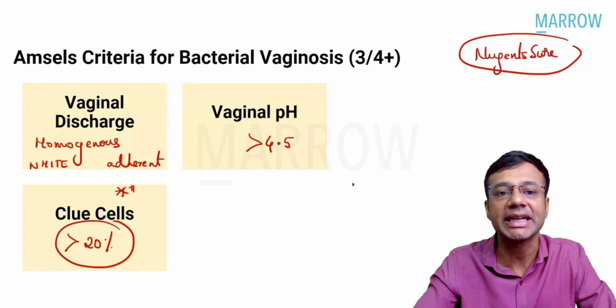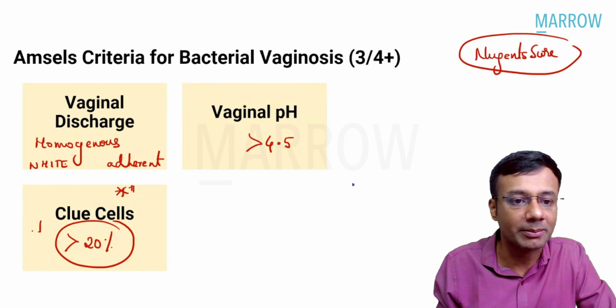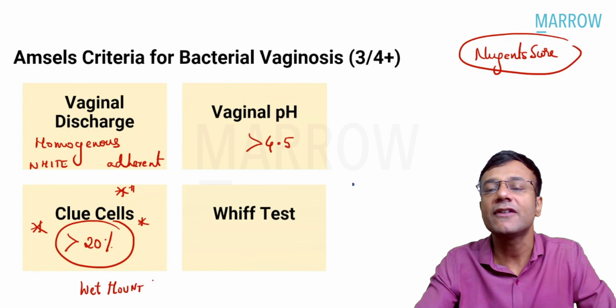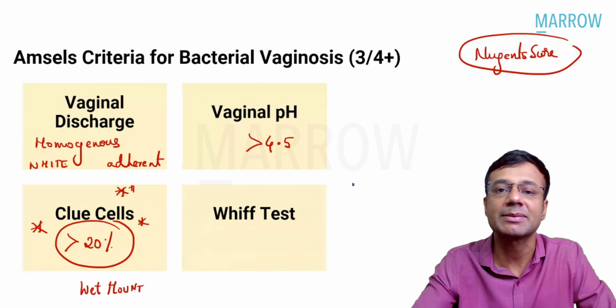When you selectively read, you just read the points and forget this point. And lastly, whiff test should be positive, which I just explained. Out of these 4 points, 3 have to be positive for the diagnosis of bacterial vaginosis.